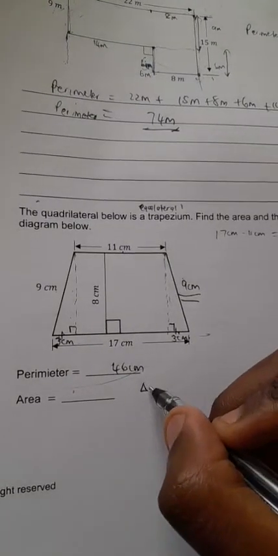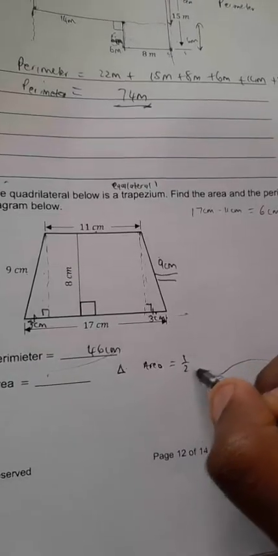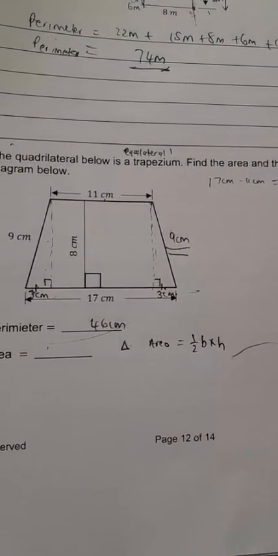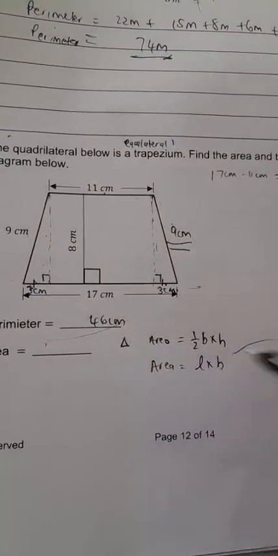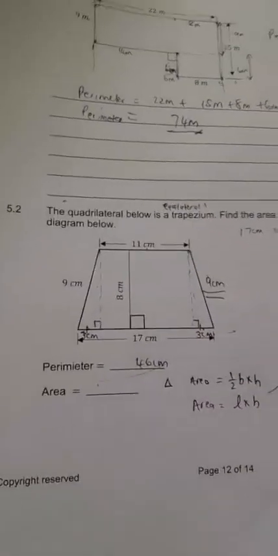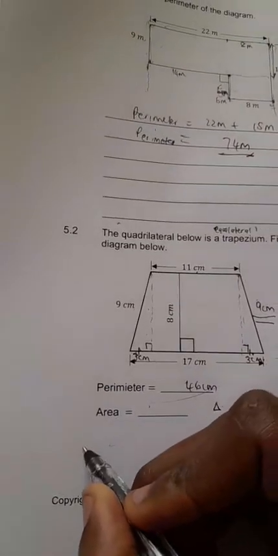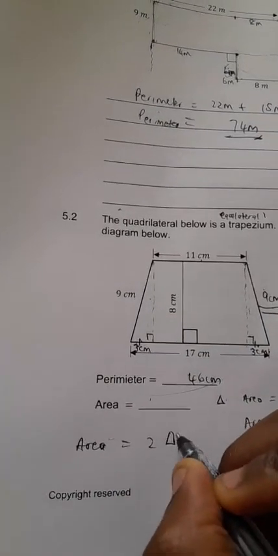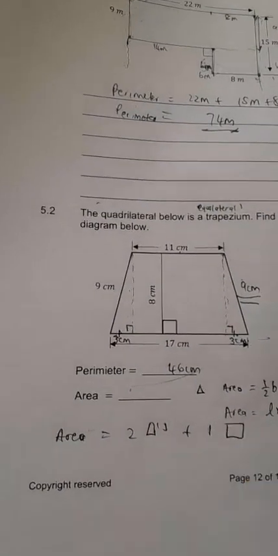Now you guys should know that the area of a triangle is given by the formula area is equal to half base times height. You should know that by now. And then the area of a rectangle is given by the formula length times breadth. Are we together? Now if we take these 2 triangles, we're going to say area of the 2 triangles plus the area of the 1 rectangle.